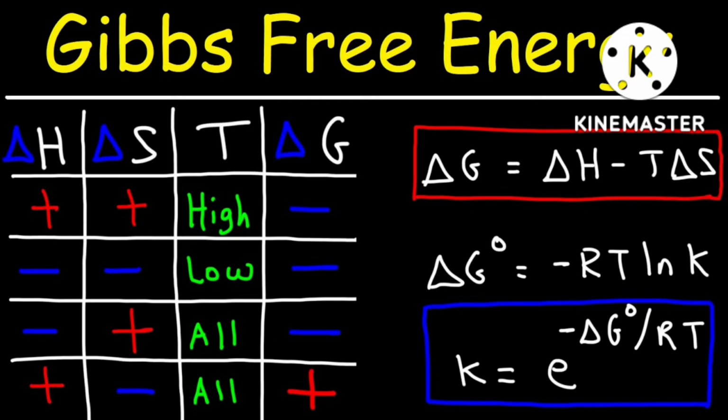Then 700 is the available energy, whatever remains. The difference between delta H and T into delta S is the available energy to do useful work. Keep this concept in mind, then free energy you will understand very clearly. In solving numericals, this concept will be useful.